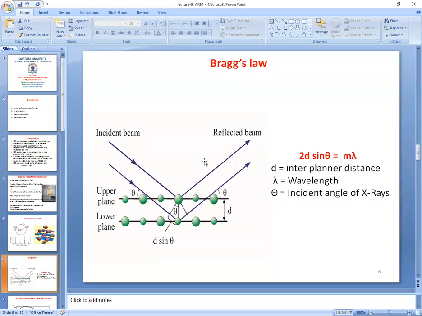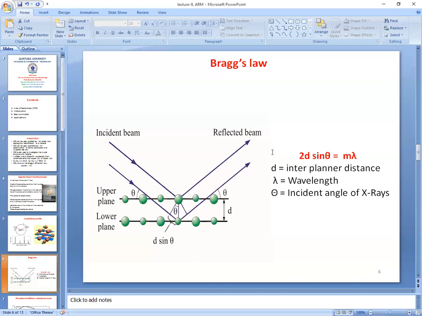If you see this, these are the crystal planes, and when the X-rays fall on them, one ray can reflect from the upper plane, and the other can penetrate to the second plane, and then it can diffract or reflect.